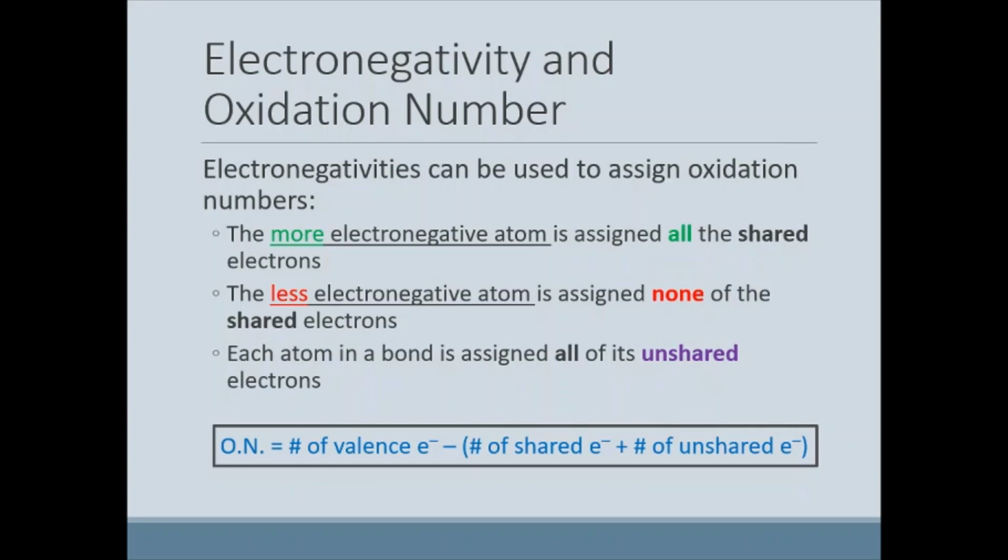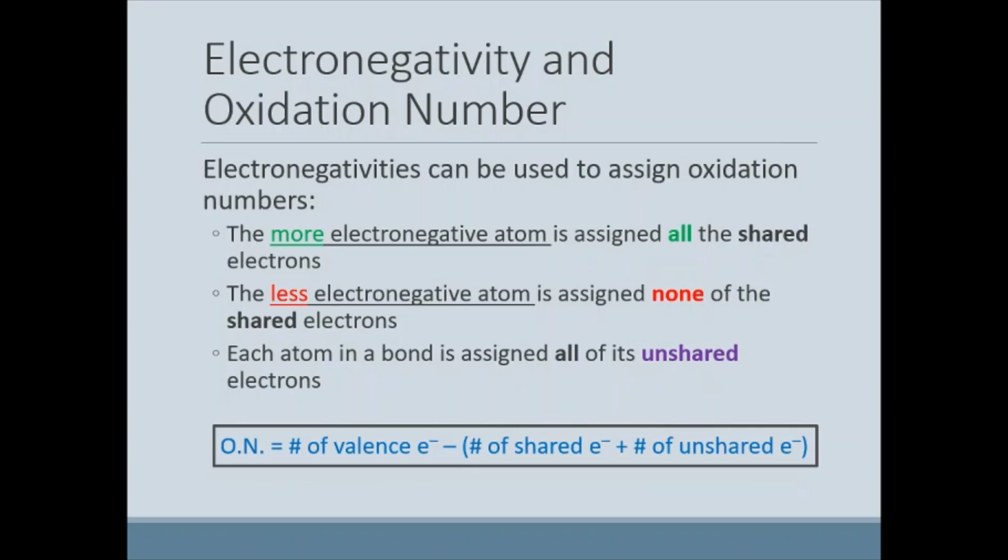The most electronegative atom is assigned all of the shared electrons. The least electronegative atom gets none of the shared electrons. Going back to what I was telling you before, electronegative atoms will steal more of the electron from the shared atom than they normally would.